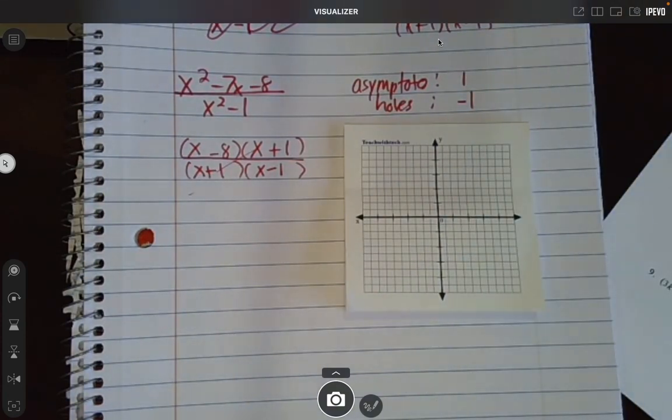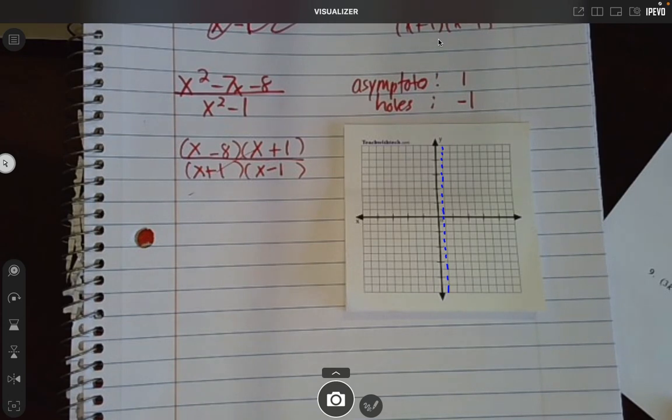And then it wants me to graph. I'll go ahead and graph my asymptote. So I'm going to come over here to 1 and do a little dotted line. That's my asymptote. Is everybody good so far? Now, if I'm entering this in on the calculator, this is way easier to enter than what I changed it to.